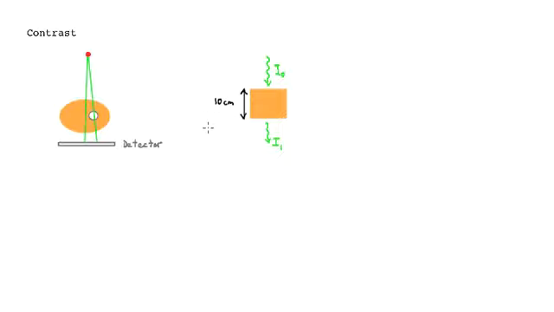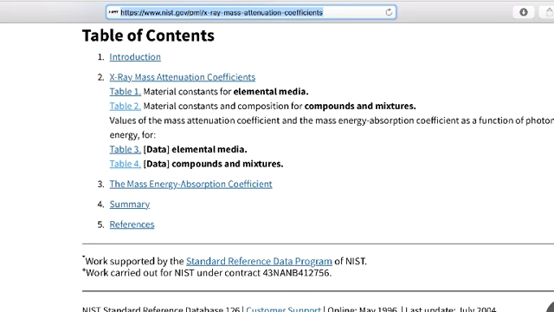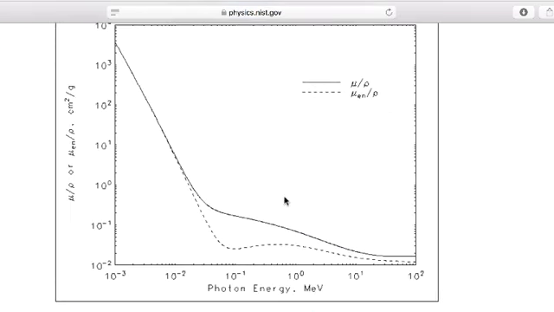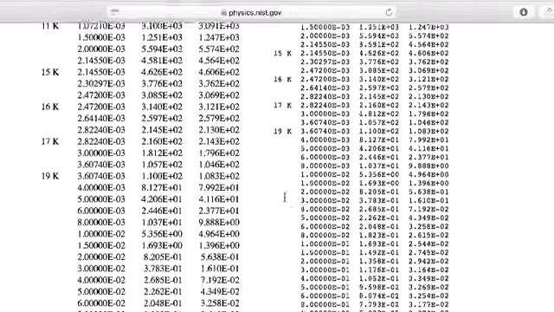You can go back and review how to do this calculation, but you probably remember the equation for the transmitted fluence: I1 over I0 is equal to e to the minus mu x. Now I'm going to have to go look up mu. Here's the NIST website. I'm looking up muscle, and I have to pick an energy.